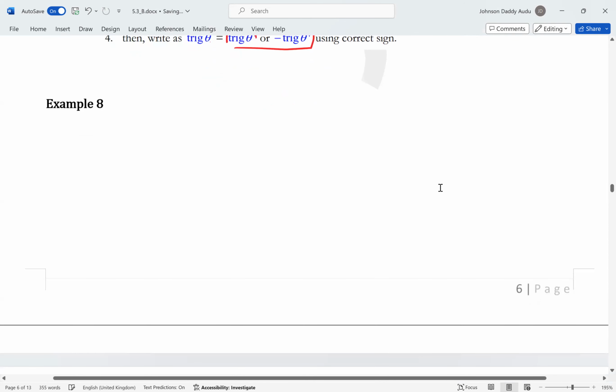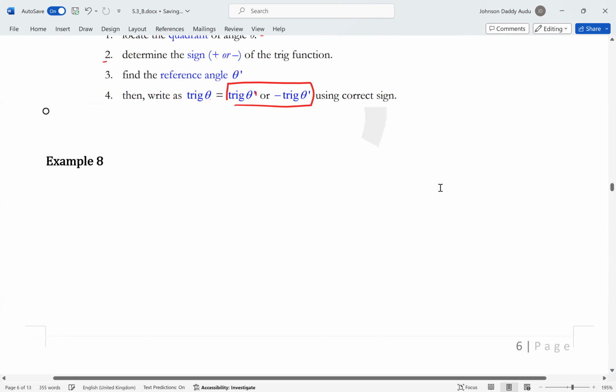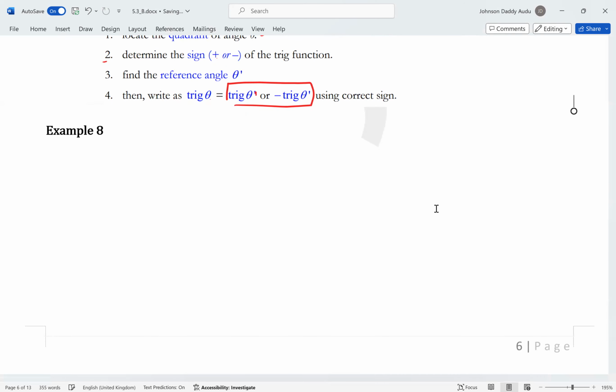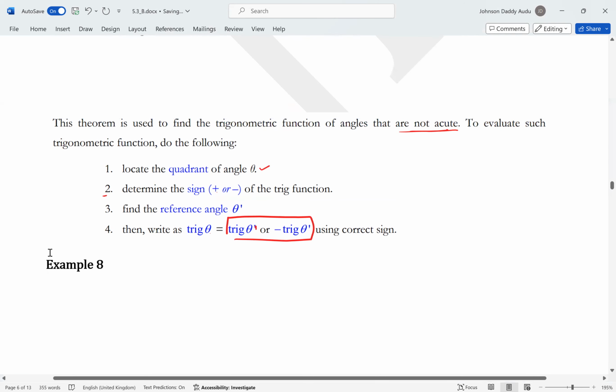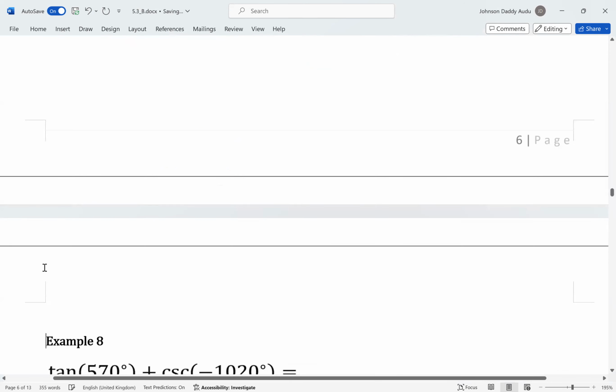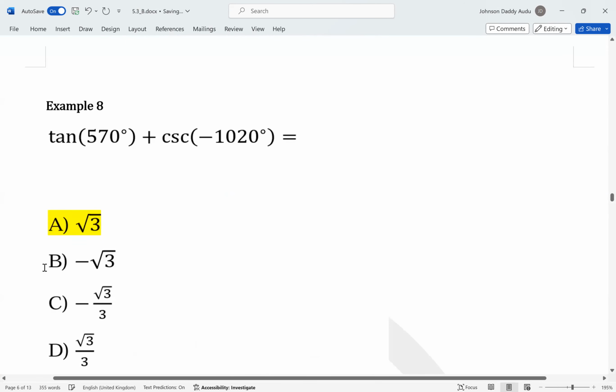So let's see example 8. What is it saying here? All right, so let's solve this one.